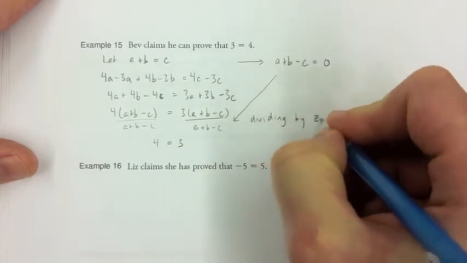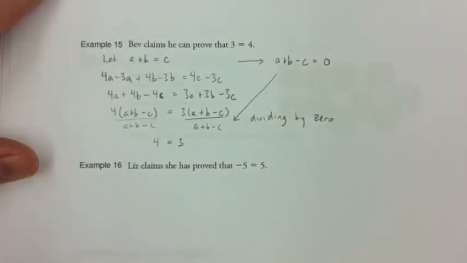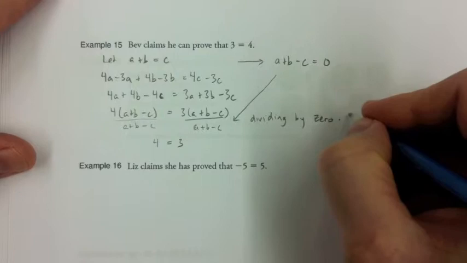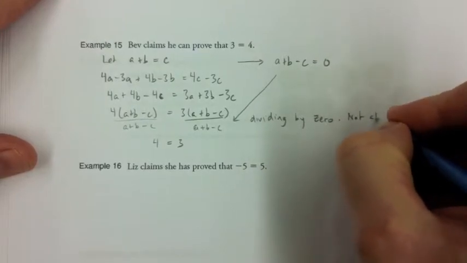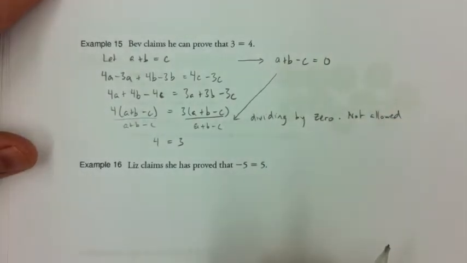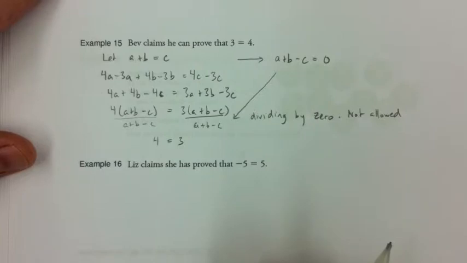And so we know that we have broken some of the laws of algebra. Right, and that's not allowed. That's a very subtle mistake, but this person divided by 0. If you allow division by 0, then 4 could be equal to 3.